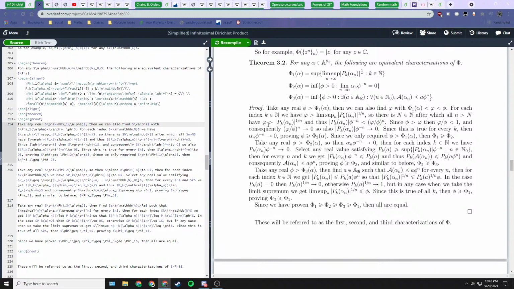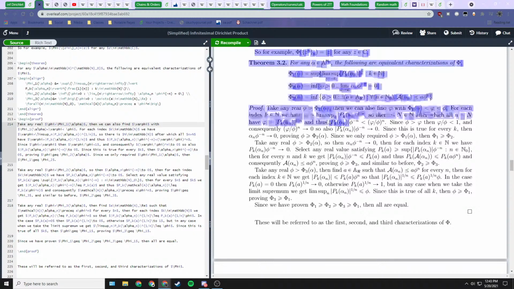If we multiply both sides of the equation by this other phi power negative n, and remember, this other phi is greater than var phi, and it's also greater than phi 1. So we fit these in between. If we multiply both sides by this phi power negative n, and we also raise this to the power of n, that's how we get no exponent on this term.